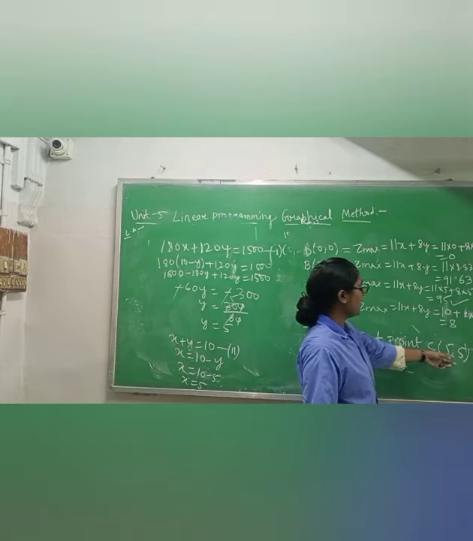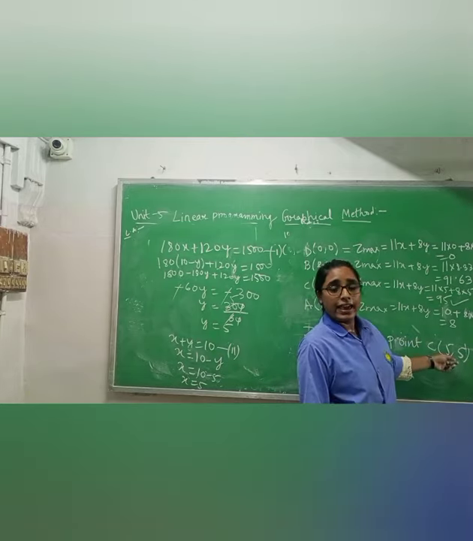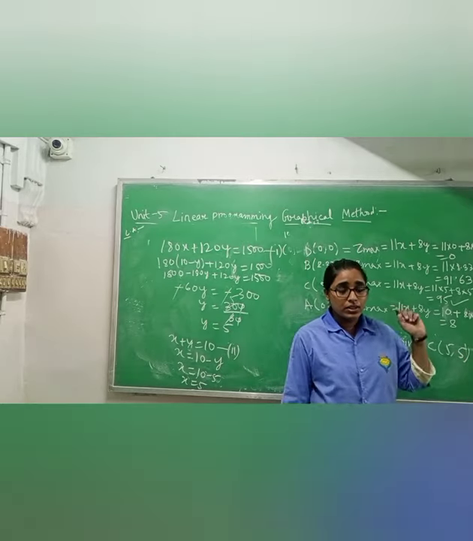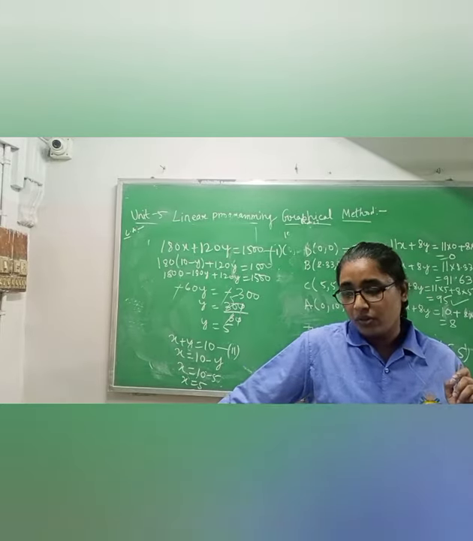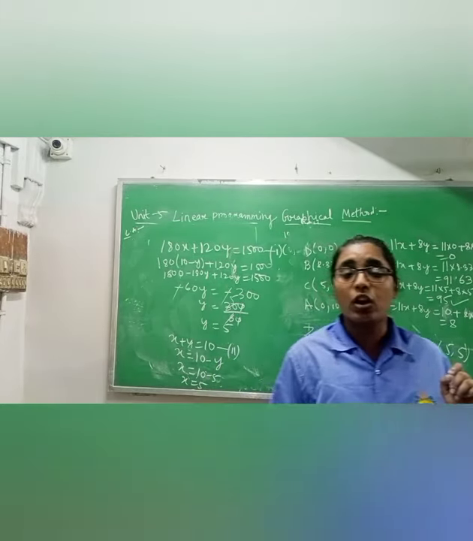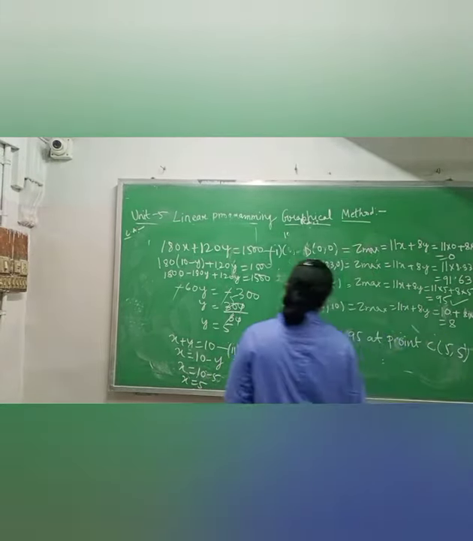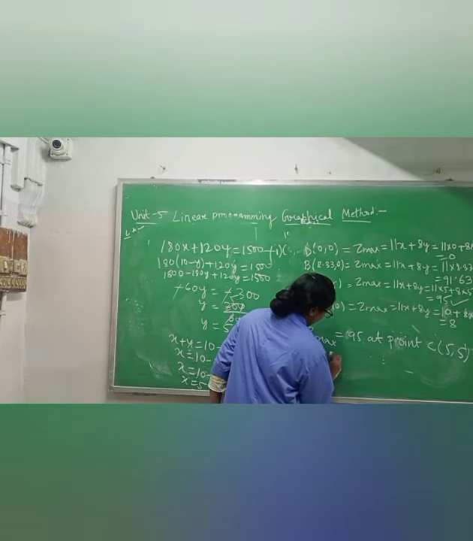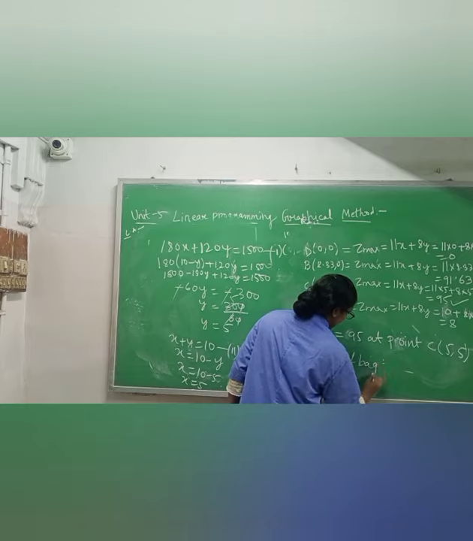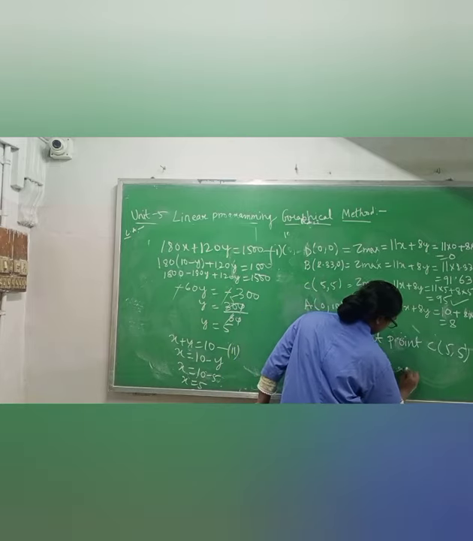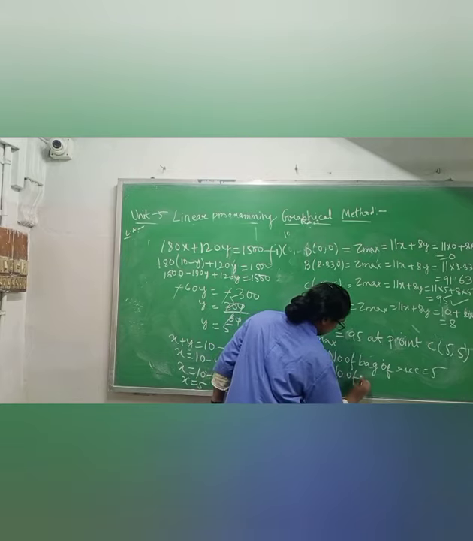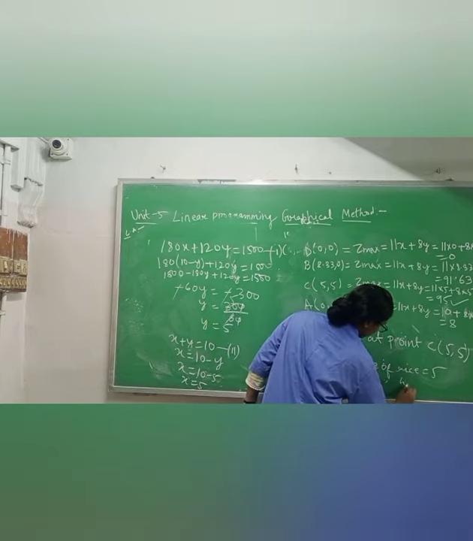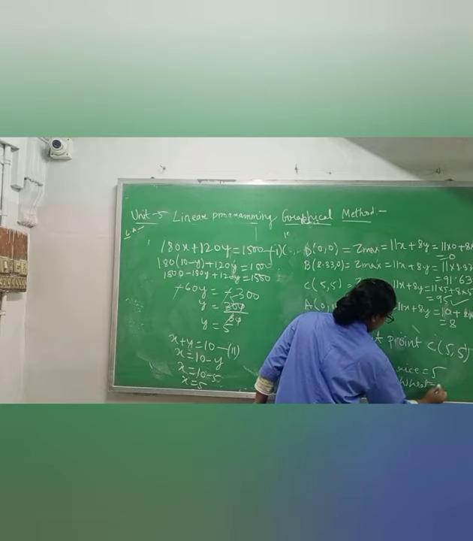It means that what we are finding here are X and Y, and in the first line we took the number of bags of rice as X and the number of bags of wheat as Y. It means the number of bags of rice equals 5 and the number of bags of wheat is also 5.